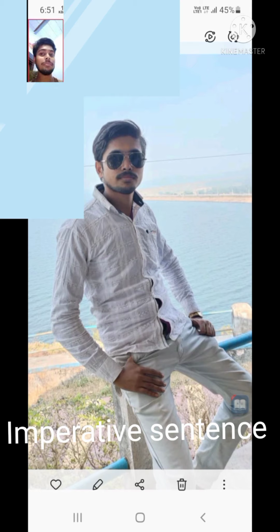Imperative sentence is a part of sentence and it tells us advice, order, command, request, instruction, all these things. Now look at some more examples so you can understand what is actually imperative sentence.